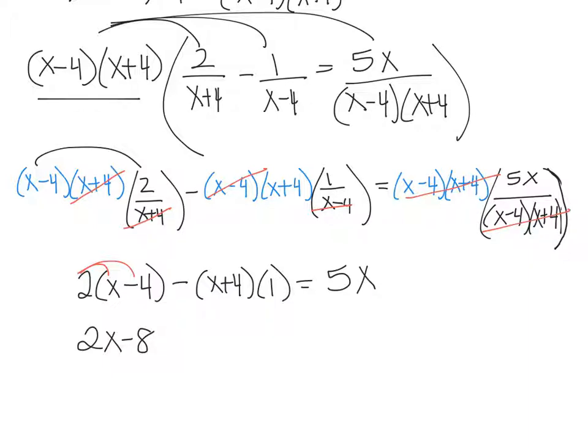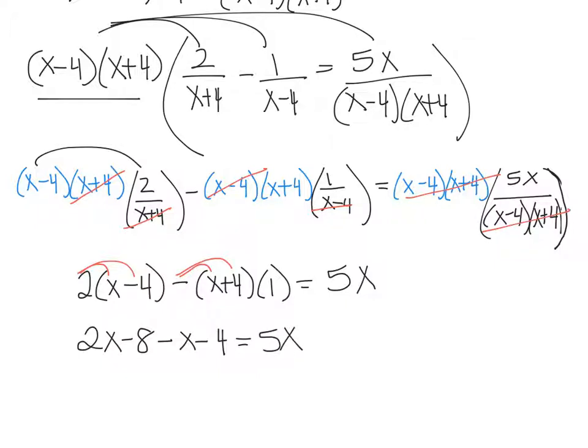And then with this term, I need to distribute the negative sign through each term in parentheses. And I don't have to multiply by the 1 because 1 times anything is just that something. So this gives me a negative x minus 4. And it equals 5x.